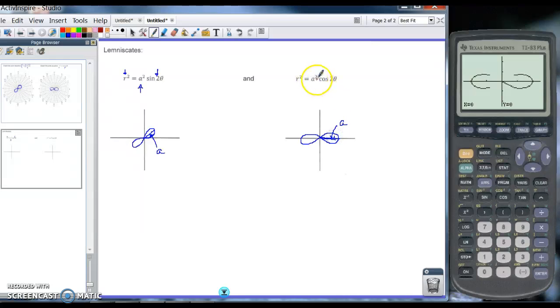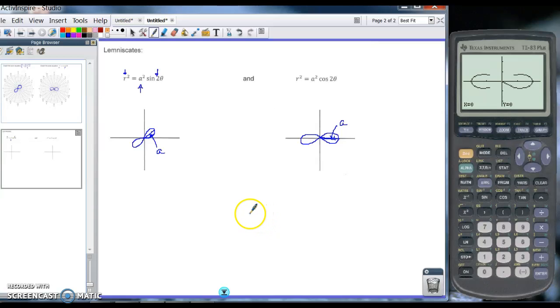So if it was r squared equals 25 cosine 2 theta, you know you're going to go out to 5. Okay, same idea here. If it was r squared equals 64 sine of 2 theta, you know your graph is going to go all the way out to 8, because you're going to take the square root of that number that's in front.